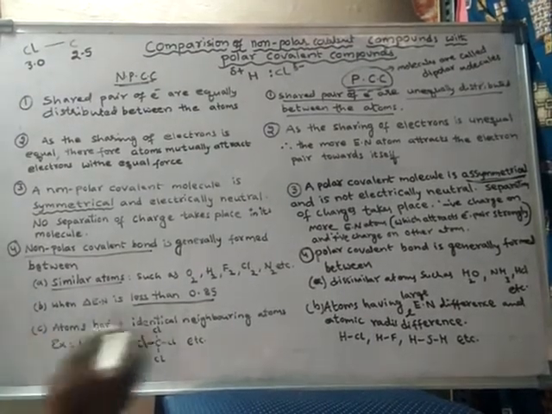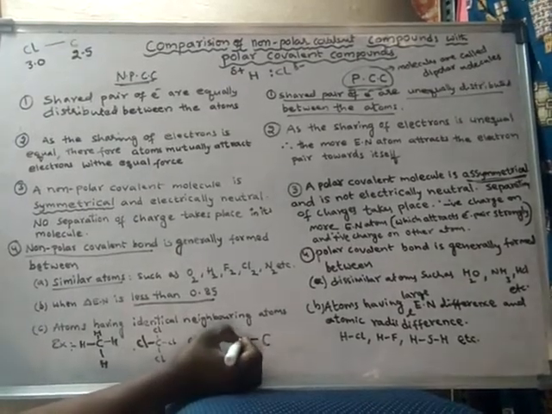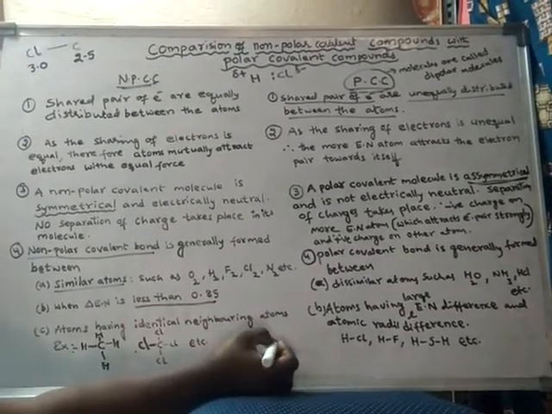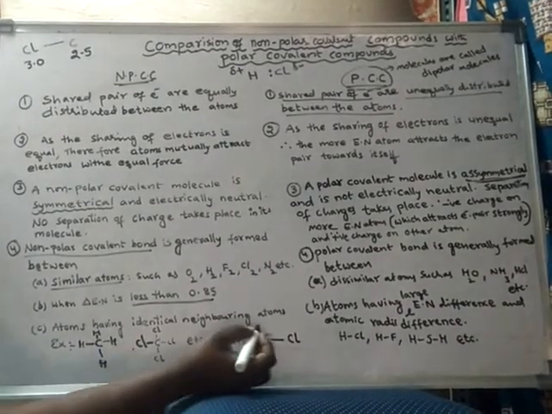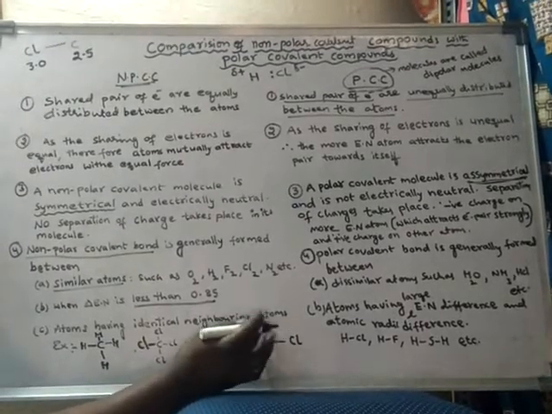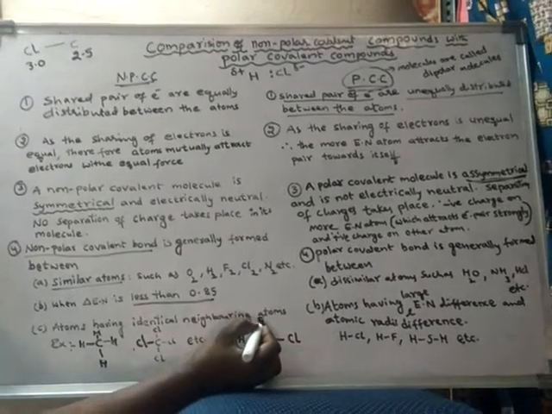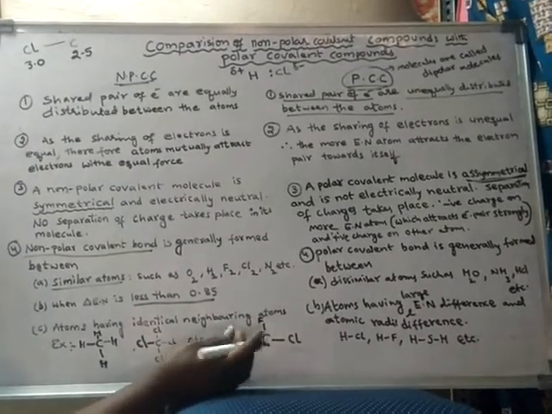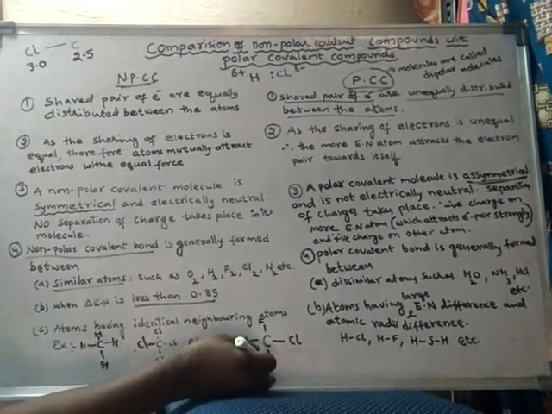Suppose I take one as hydrogen and another as chlorine, or one as fluorine, or else one as iodine, like this.